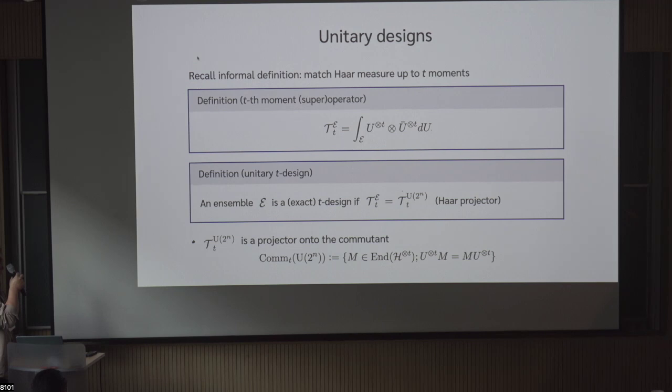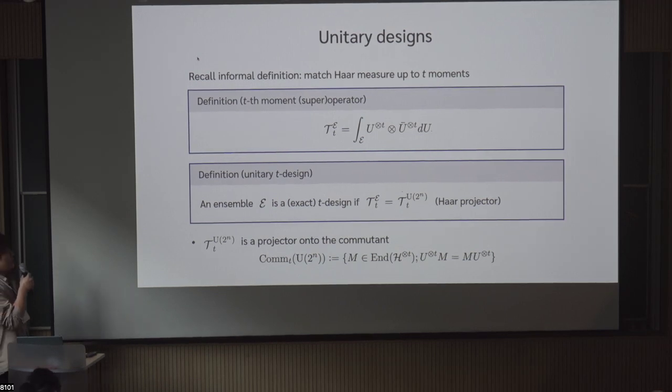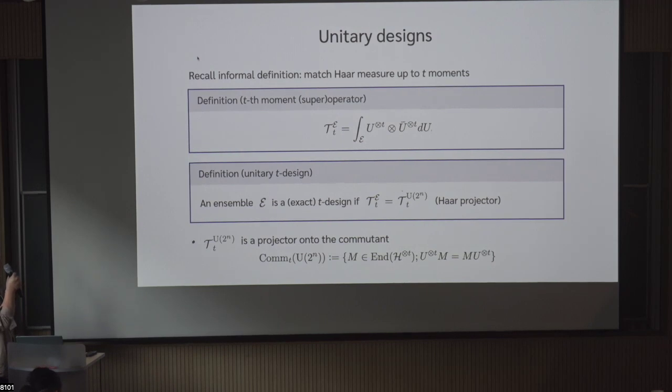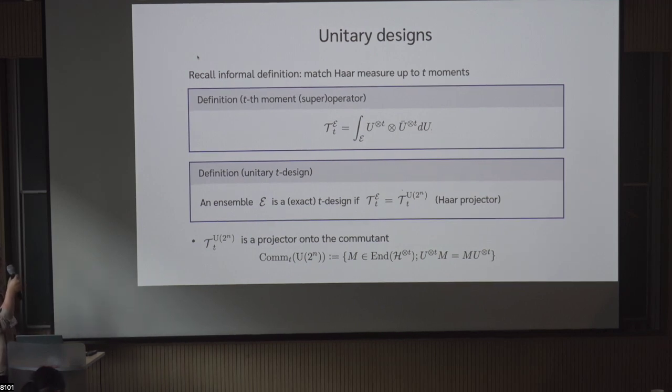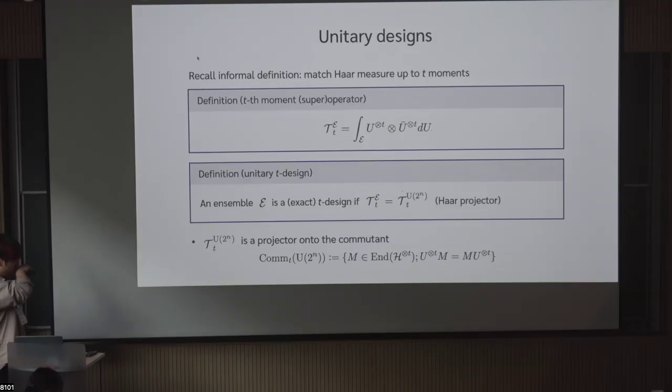To rigorously characterize unitary designs, we look at the T-th moment superoperator of the ensemble E. We say E is an exact T-design if this T-th moment operator is equivalent to the Haar version of it, if you just take E as the Haar measure over the unitary group. And for this unitary group version, it's just a projector onto this convergence space.